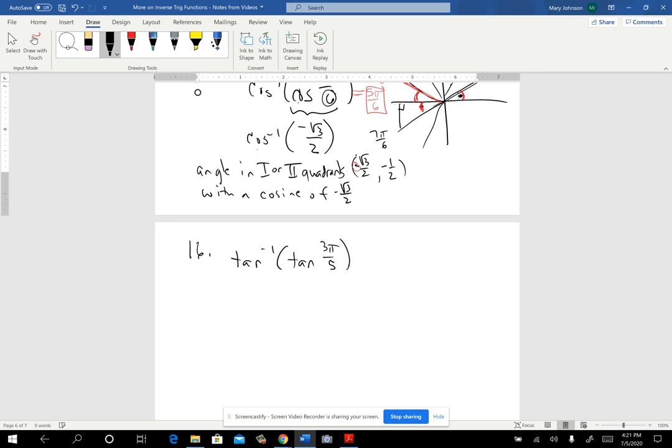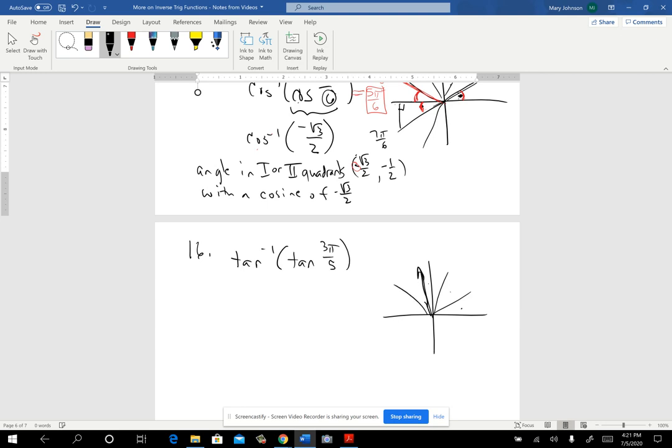Okay, here I'm trying to do the inverse tangent of the tangent of 3 pi over 5. That means I have to cut this into 5 pieces, so I do have to go a little over halfway to get to it. Okay, 5 is kind of a hard division to make. I don't know that I can make it look right. 1, 2, 3, 4, 5. Okay, so about right here.